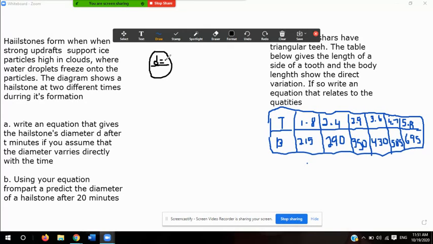The only thing you're given is the time, which is 20 minutes, but you're not given a diameter. In the second diagram, below this one, you have another hailstone formation.